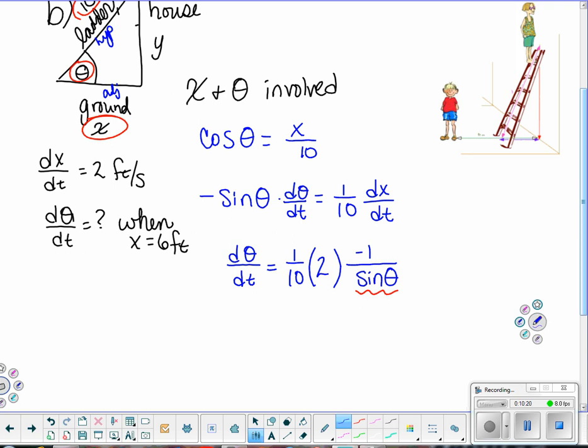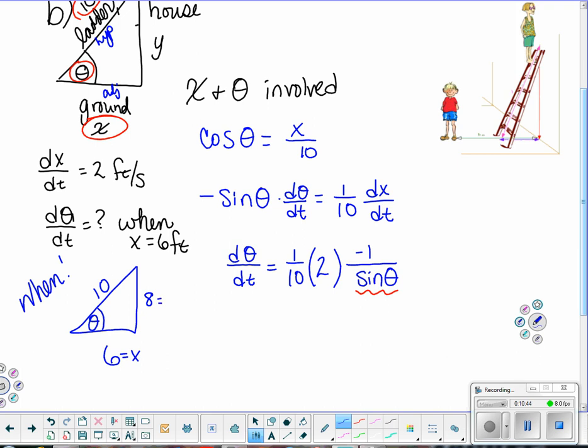Back to our picture. I'm going to draw my own picture here. We had the 10-foot ladder. This is the when time frame, when we have x equals 6, the ladder was 6 feet away. What would sine theta be? Well, right now, we also know that this would be an 8-foot segment, wouldn't we?